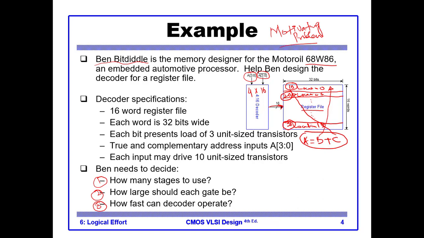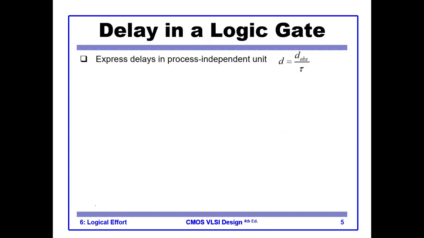We need to answer these questions very systematically. After a couple of slides, we will come back to answer these questions for the decoder. But we need to develop some equations before we can answer these questions.